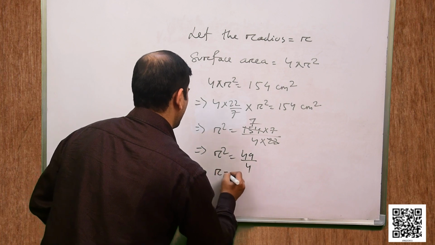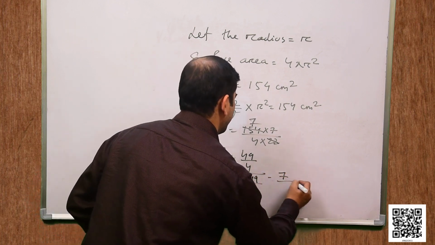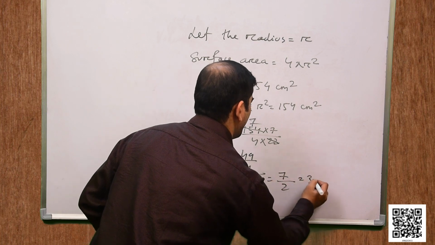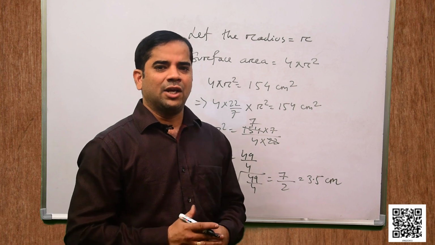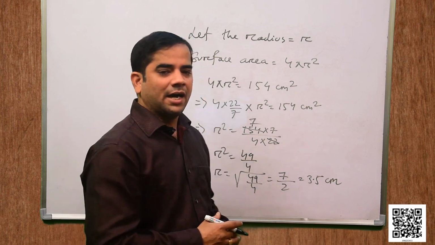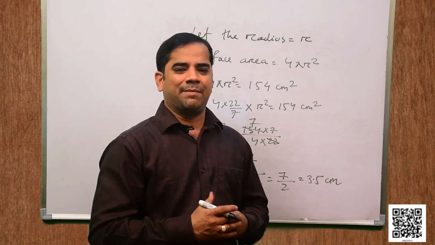That means r is equal to square root of 49 by 4, that is 7 by 2 or 3.5 centimeter. Okay. So, radius of the sphere is now found to be 3.5 centimeter.